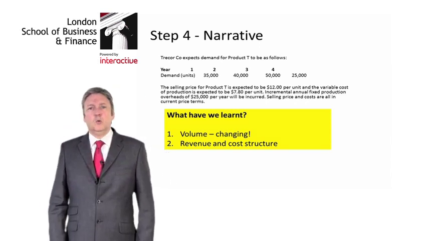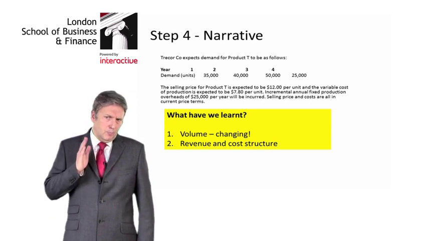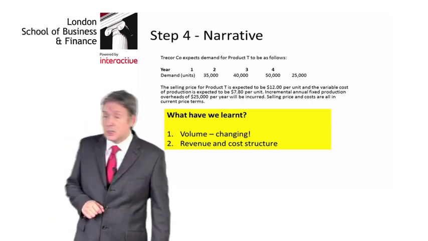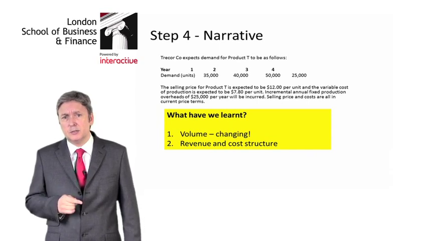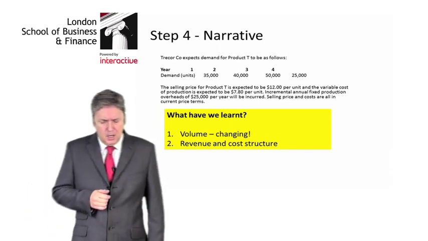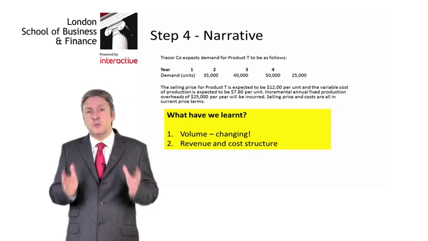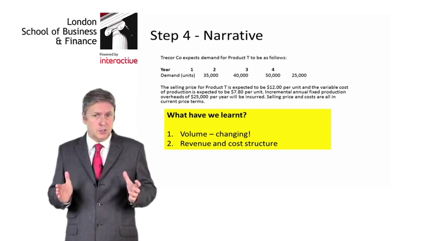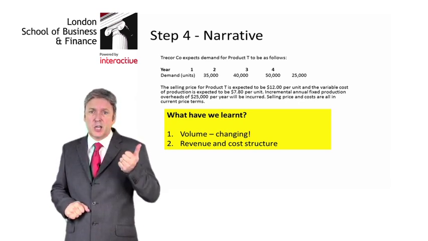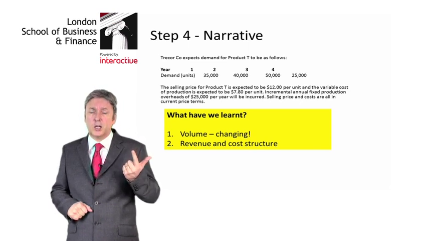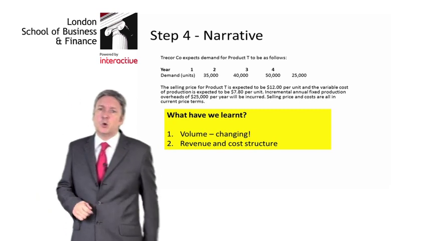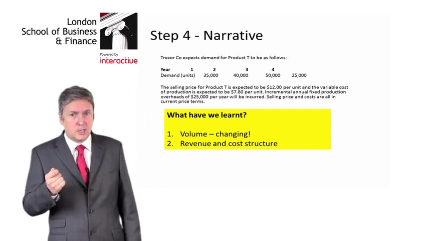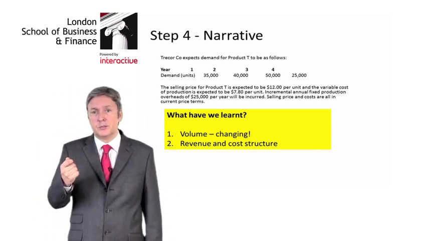So, what are we told here? Importantly, we're told that the volume is changing, and we'll come back to that later. We're also given clear revenue and cost structures. Notice the distinction between selling price and variable costs that are given per unit. They will be affected by volume, and of course fixed costs, which are fixed. Therefore, they're given in total terms.